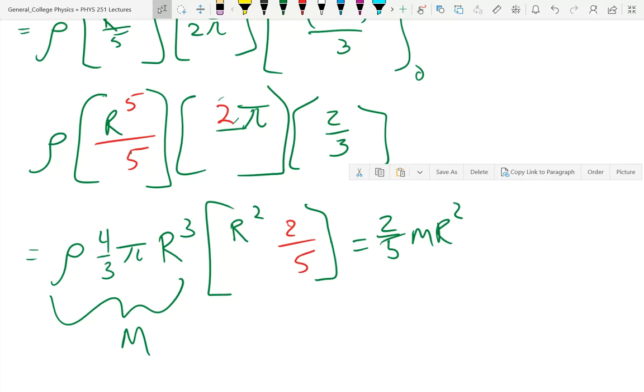The formula. Will it change if it's not a solid sphere? Well, what's going to change is our limits. It's actually only going to be a two-dimensional integral because r is a constant now.